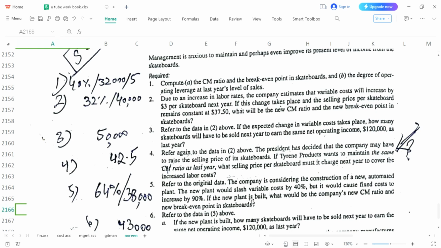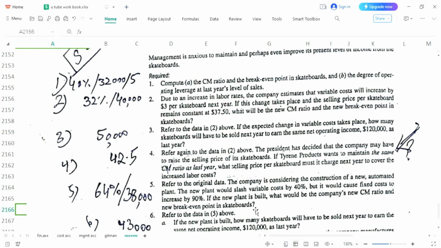The new plant will slash variable cost. See, the same had happened. Variable cost, that means wages, would decrease by 40%, but it would cause fixed cost to increase by 90%. If the new plant is built, what would be the company's new CM ratio and new break-even point in skateboards?